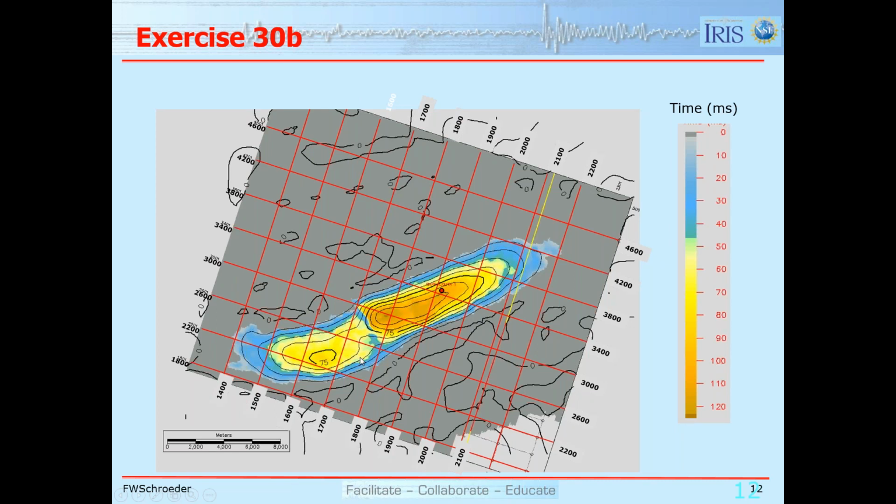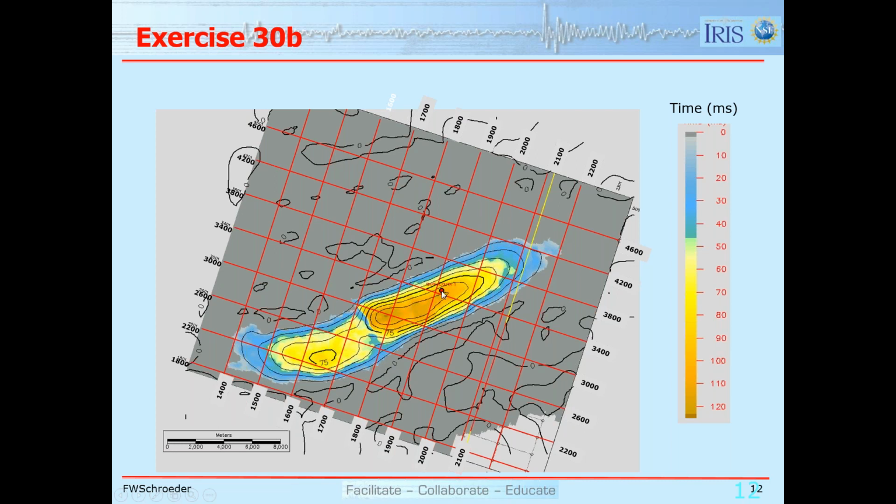So if you are doing the exercises, exercise 30B, you're given this map, and time in milliseconds is how thick the reservoir is. So the areas that are in dark gray, we're outside the extent of the hydrocarbon. So the gray to blue boundary is where we have the hydrocarbon water contact. In case of Barracuda, it's primarily gas to water, although there is a 13-meter thick oil column.